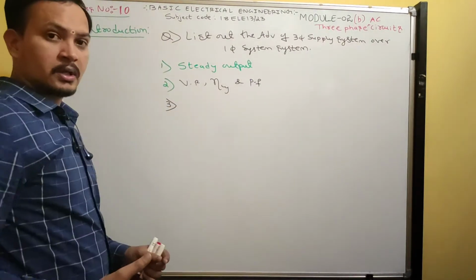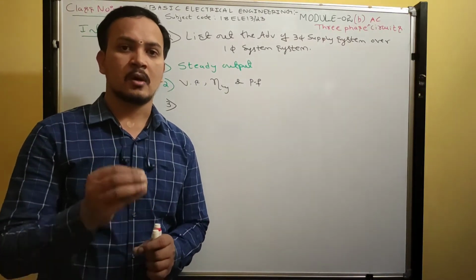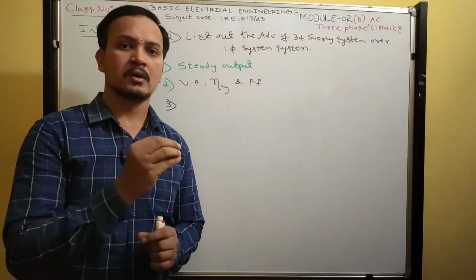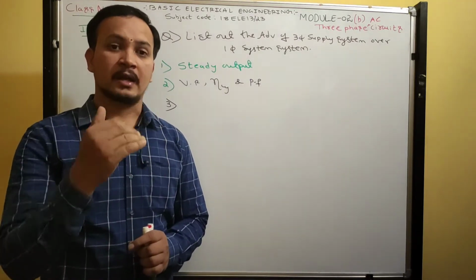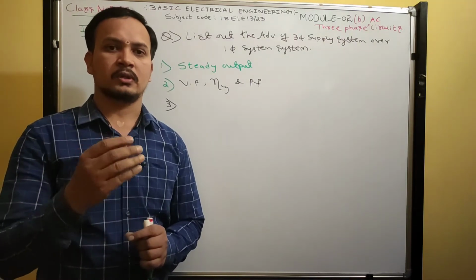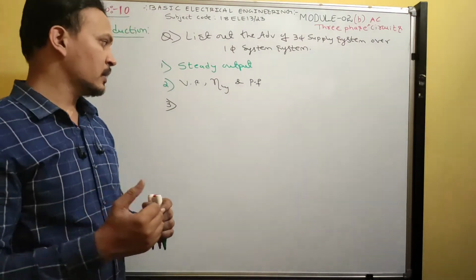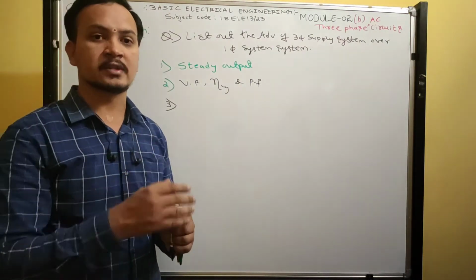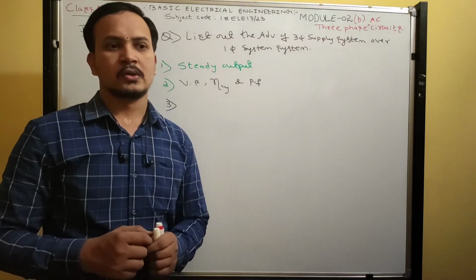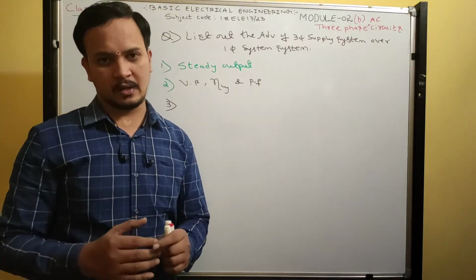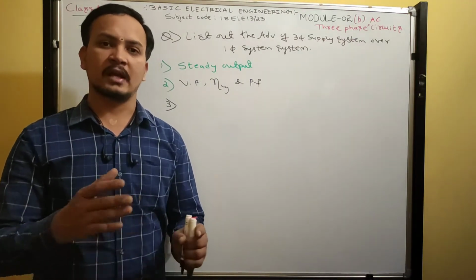For transmission and distribution of electrical power, the three-phase system is much more economical compared to the single-phase system. Why? Because we can reduce the conducting material, that is, copper and aluminum are required in much smaller quantities. If I do the transmission with a three-phase supply system instead of a single-phase supply system, the conducting material reduces, and obviously the cost of the power system network will be reduced.